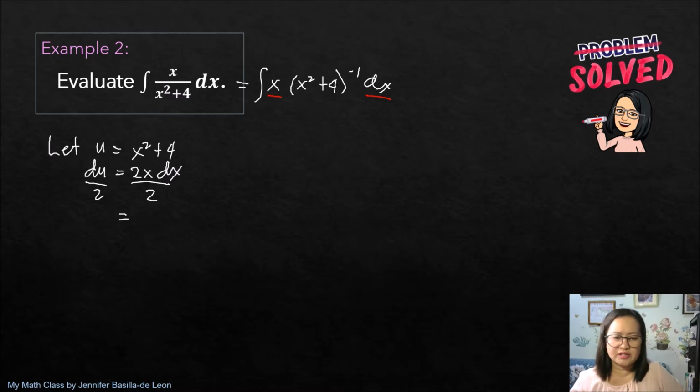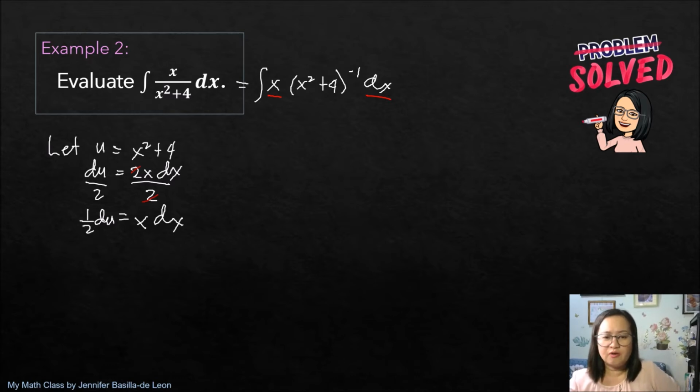So by cancellation, we can have just x dx, which is equal to 1/2 of du, or simply du over 2. Now, going back to the main problem, we can rewrite the problem in terms of u.